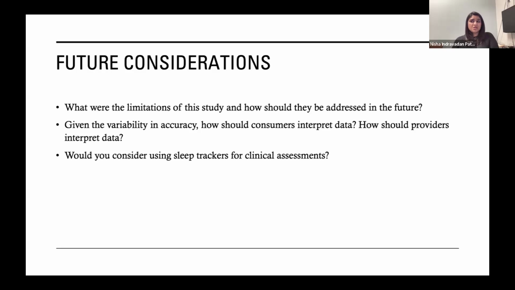I do think that maybe in the future, if algorithms change and there is a variation in how they're collecting these data, then there could be a way that we can use these devices at home, or maybe even as part of home sleep apnea tests instead of using the ActiWatch only. But I think we're a little far from that.